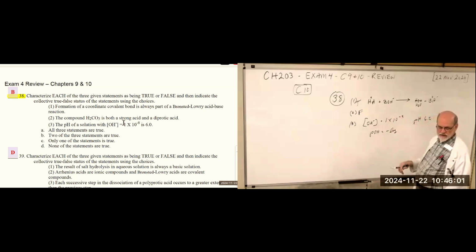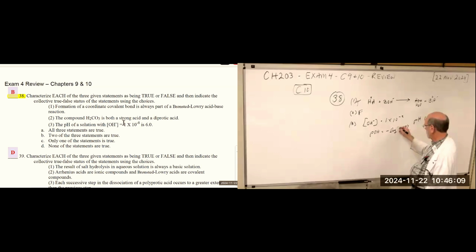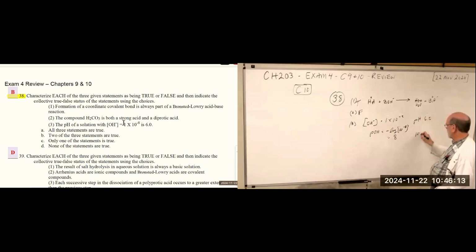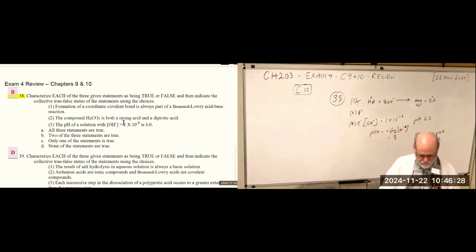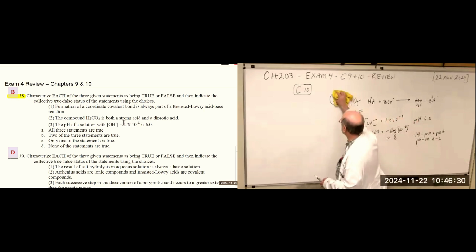We can throw the 1 out because log of 1 is 0. Plus negative log of 10 to the minus 8, which is equal to 8. And then 14 equals pH plus pOH. So pH is equal to 14 minus 8, which is equal to 6. That's true. 2 are true. That would be B.